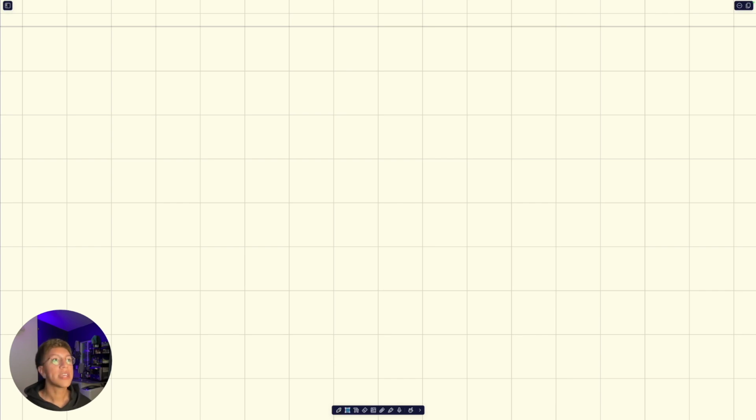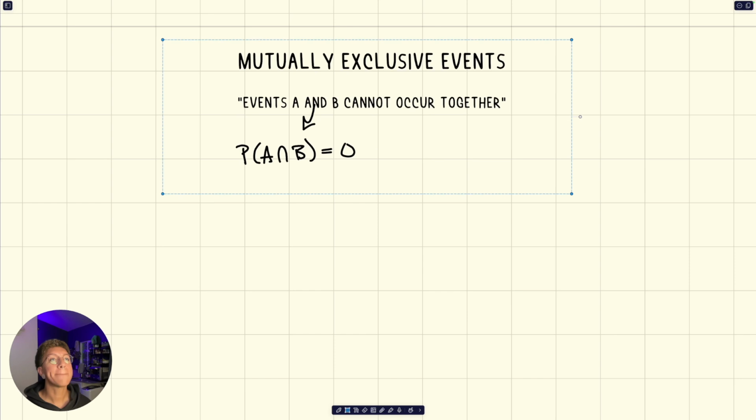And it's also true here for tree diagrams as well. This is a very quick topic to discuss. So mutually exclusive events says that A and B cannot occur together. And the math notation translation for that is the intersection, A intersection B, has to be 0.